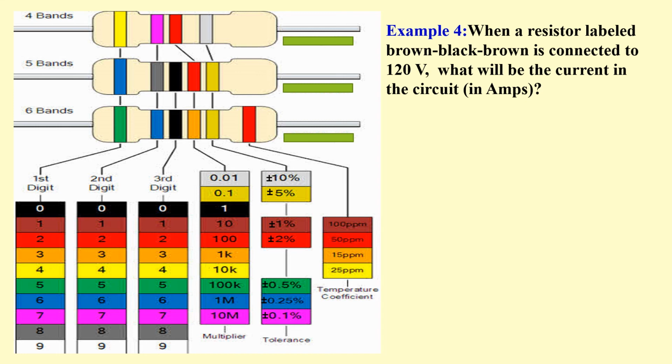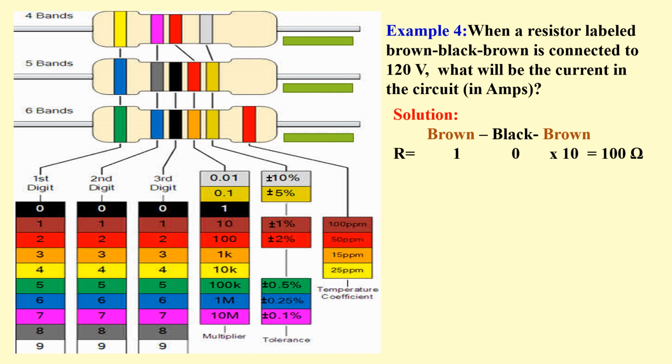Example number 4. When a resistor labeled brown, black, brown is connected to 120 volts, what will be the current in the circuit in amperes? Solution. Brown, black, brown. The resistance is, for brown, it is 1. For black, it is 0, second digit.